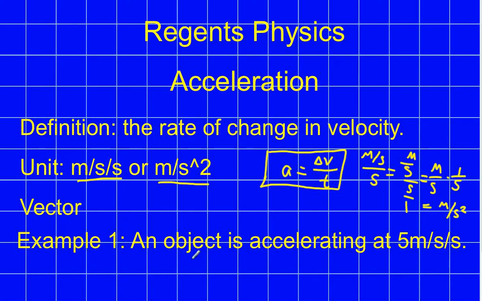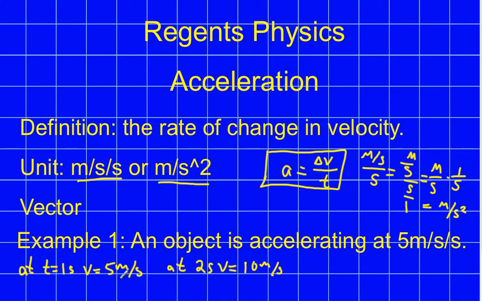So let's take a look at an example and you get a better idea of the meter per second per second. Let's say an object is accelerating at 5 meters per second for every 1 second of time. Then that means that at a time equal to 1 second, the velocity is going to be equal to 5 meters per second. So it gained 5 meters per second in that 1 second. At 2 seconds, the velocity is going to be equal to 10 meters per second.